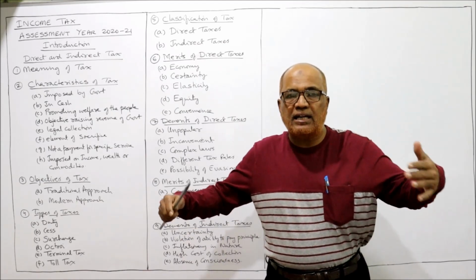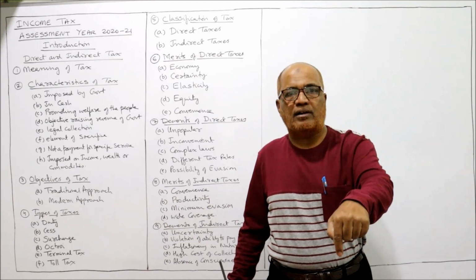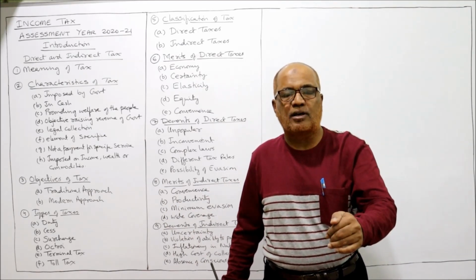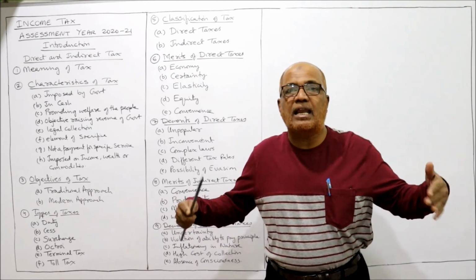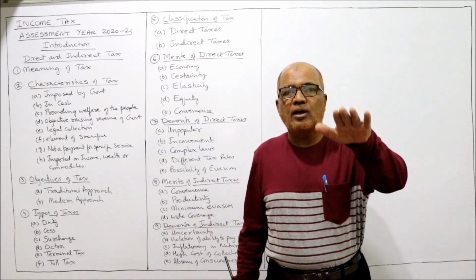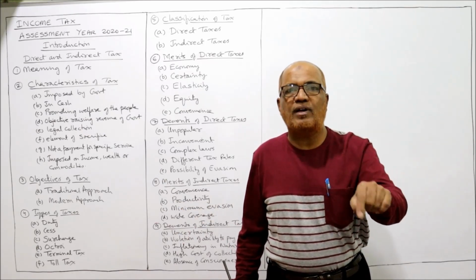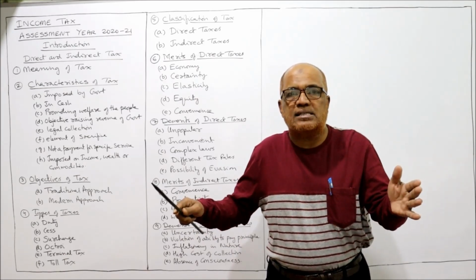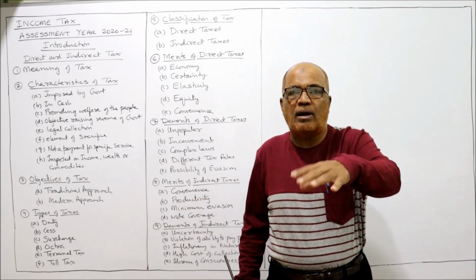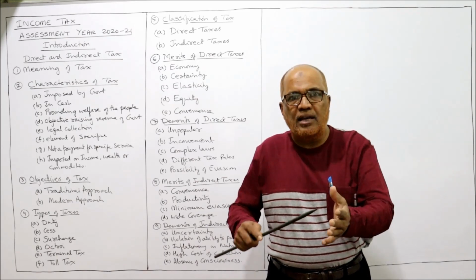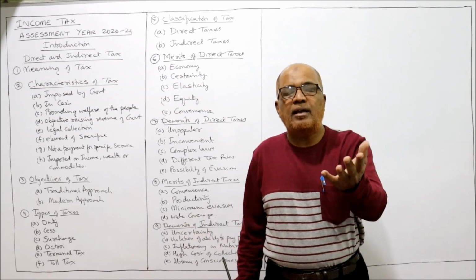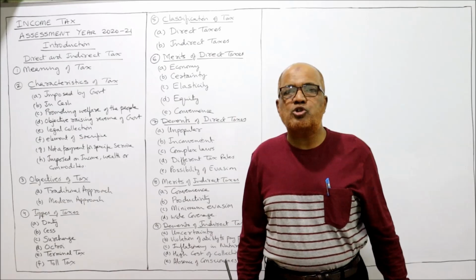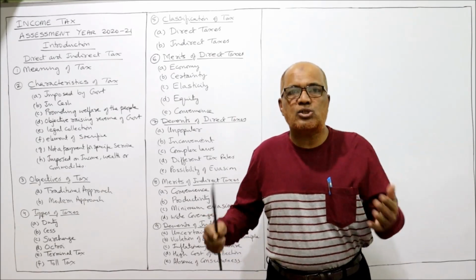For accelerating the economic development, we require funds. The government says we want the tax. With the help of tax, we can accelerate the economic development, reduce the unemployment situation of the country, reduce the regional imbalances. Some areas are more developed, some areas are less developed. Regional imbalances are there.